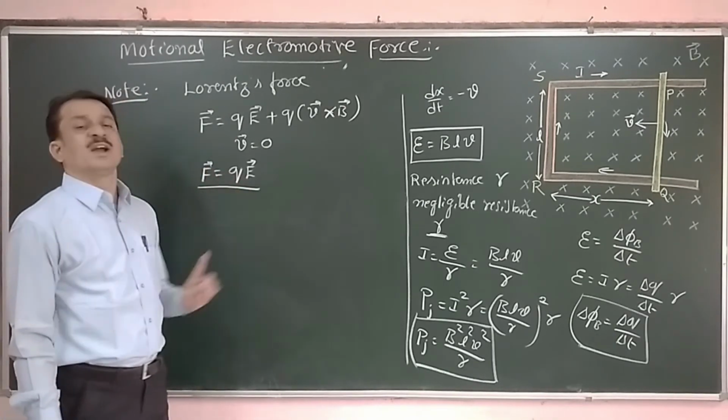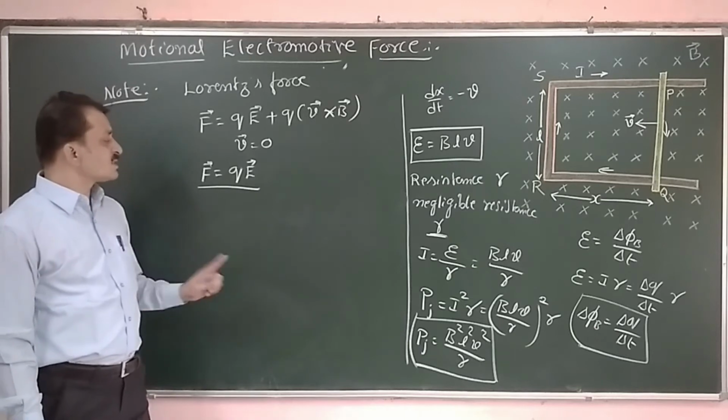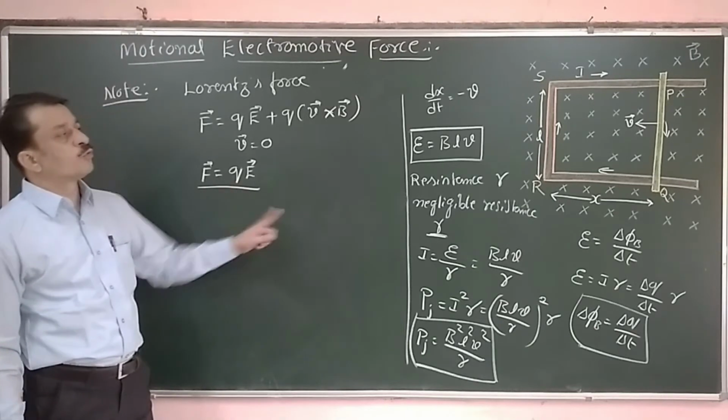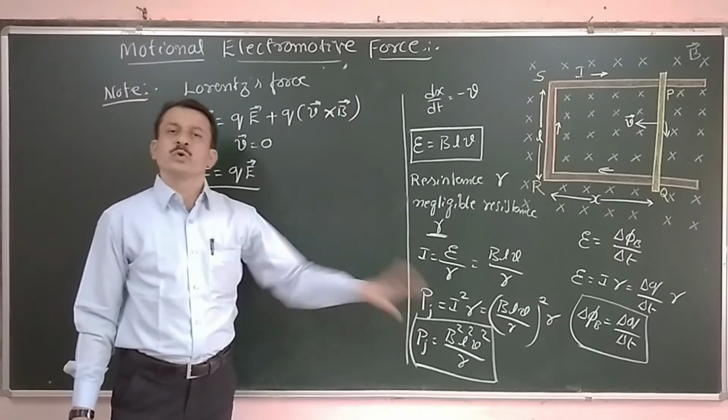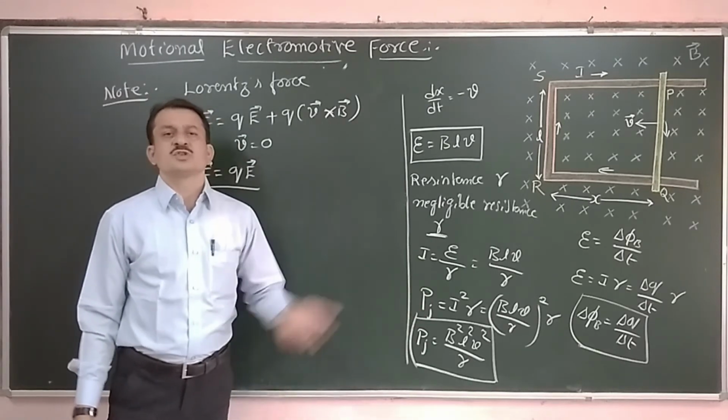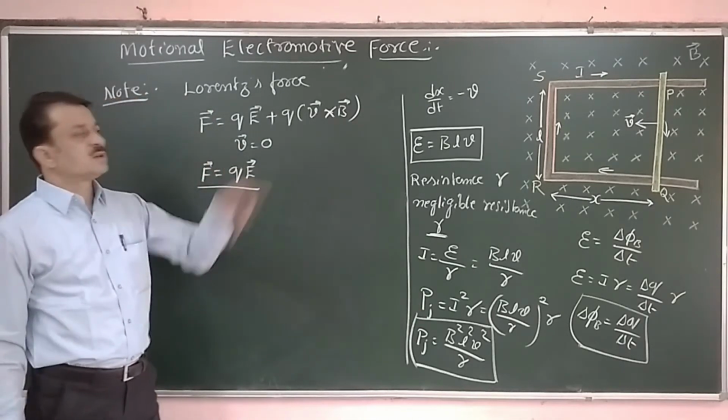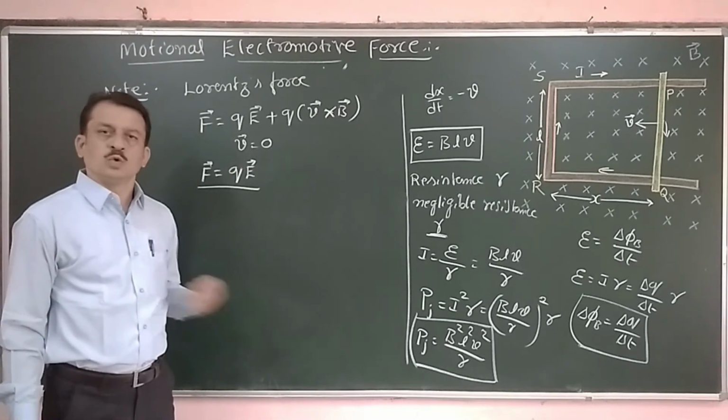Now this electric field causes the charges to flow from region P to Q. Now that constitutes the current in that rectangular loop.